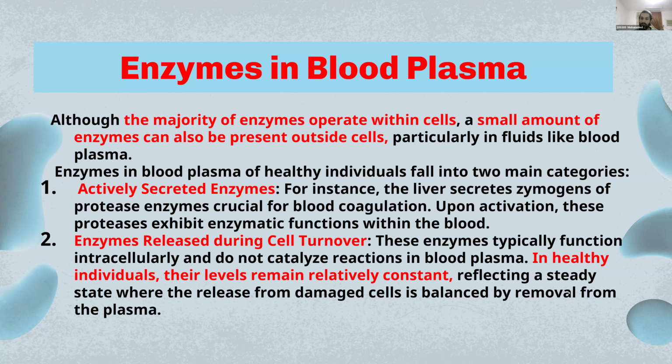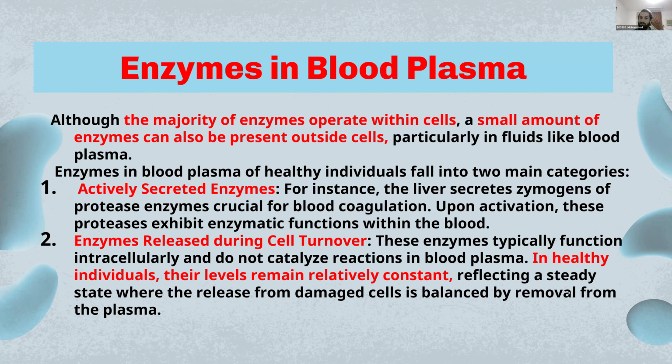Usually they are secreted as an inactive enzyme. So the liver releases these coagulation enzymes into the blood in the form of zymogen, inactive enzyme. And then when there is injury, bleeding or anything, they get activated and give us the coagulation and the clot. So these are the two ways where we have levels of enzymes in the blood, and they are normal levels.